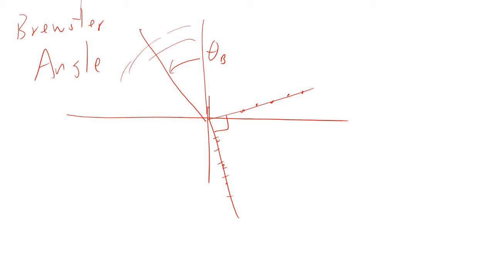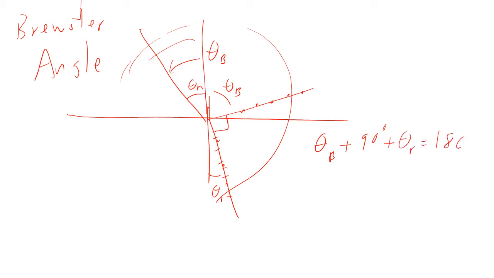Okay. Well, we know that this angle has to equal that angle. So this is our reflected angle right here. And so what we notice is that on this side over here, the Brewster angle plus 90 degrees plus the reflected angle has to equal 180 degrees.